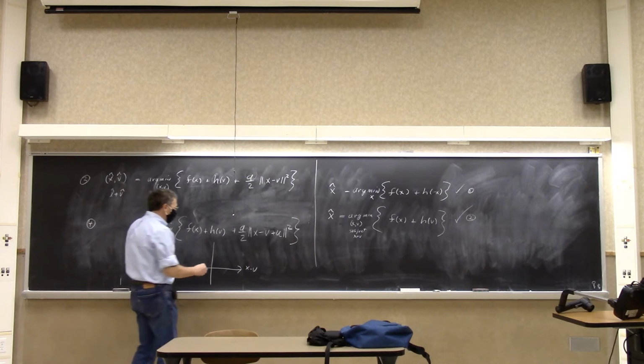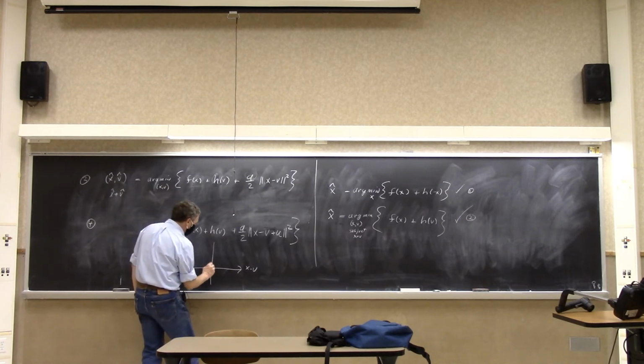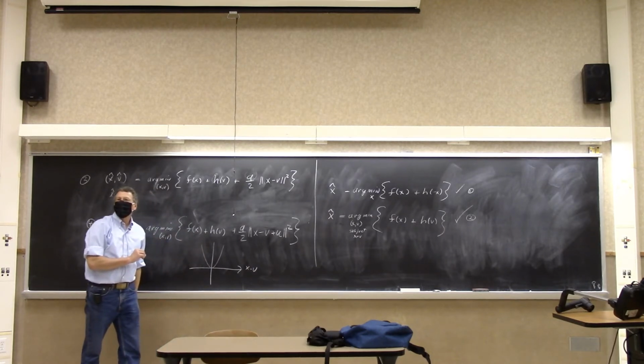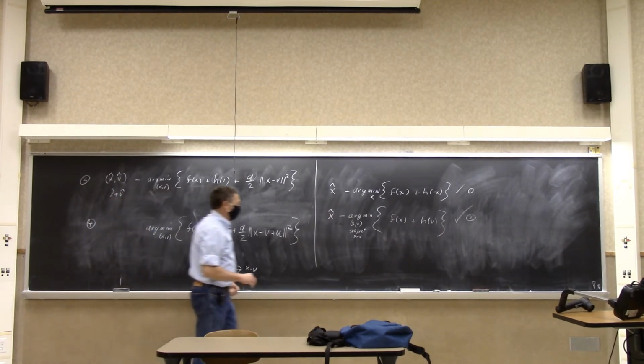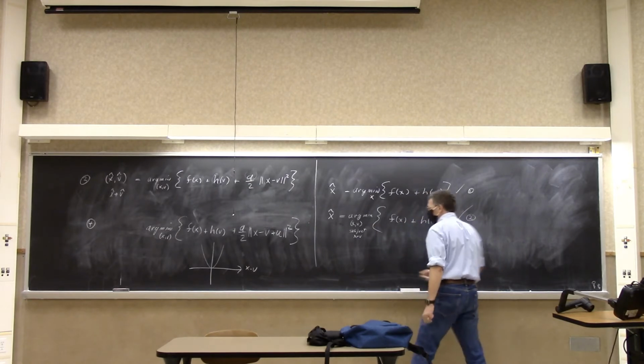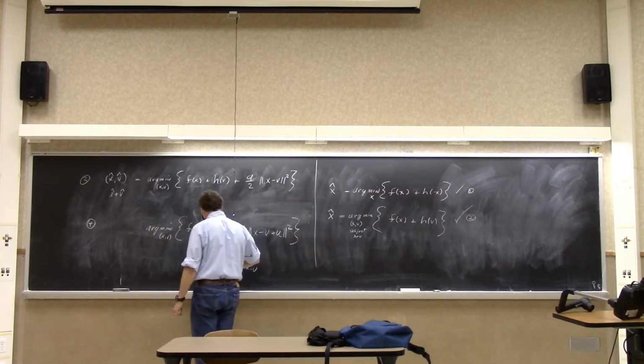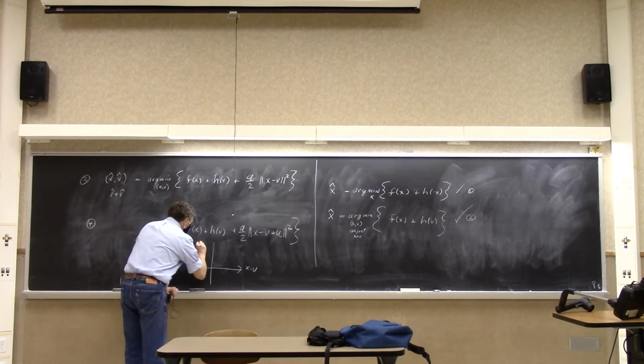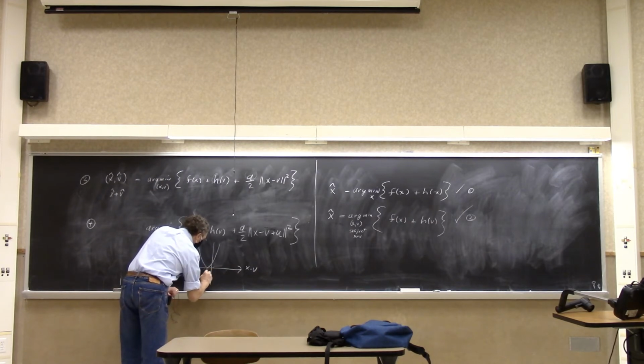Well, when u is 0, this spring would be like this, right? But if u is not 0, let's say u is positive, then your spring would do this. And this value here is minus u.